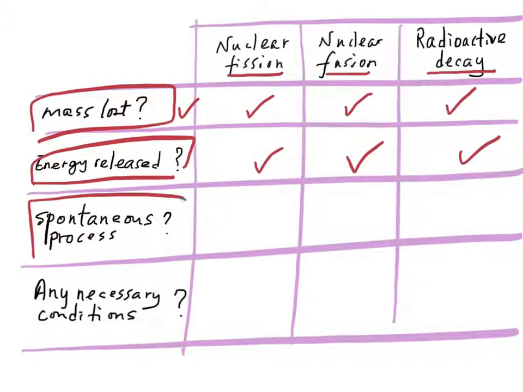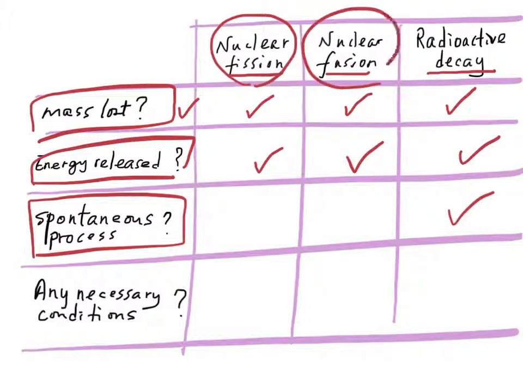Are these processes spontaneous processes? We see that the radioactive decay process is a spontaneous process, which is uncontrolled by physical change. However, nuclear fission and nuclear fusion processes are not spontaneous processes.